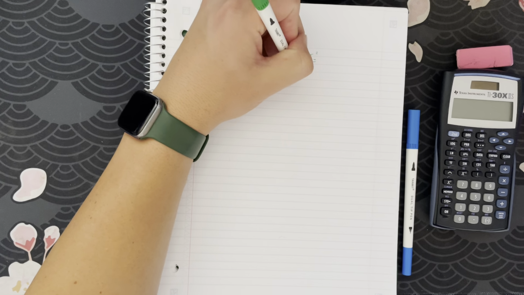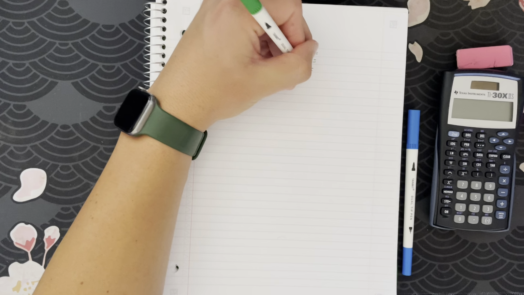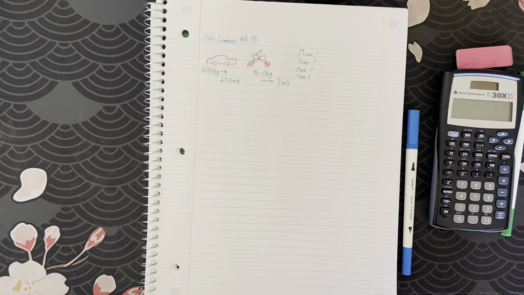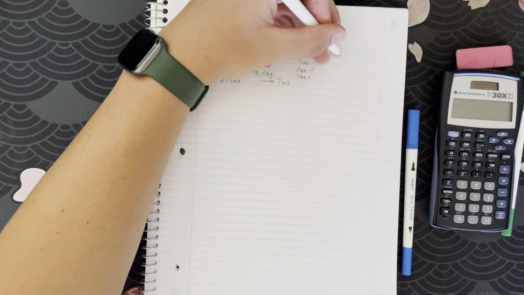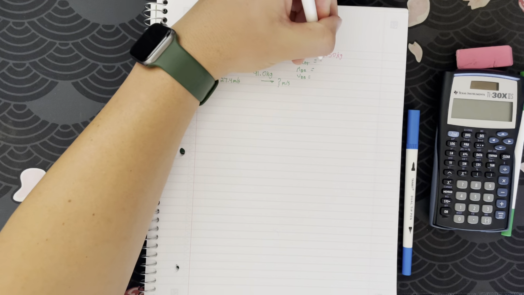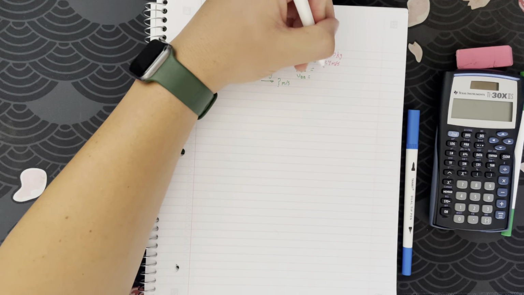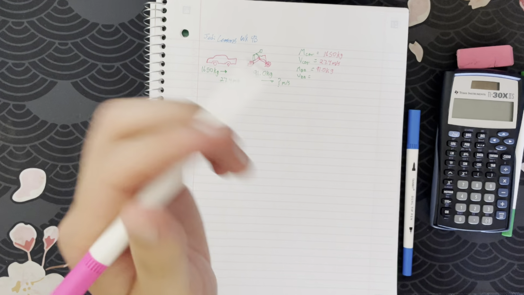And then we are trying to figure out the velocity of the bike and the rider in meters per second. So we're going to write that down. We have 1650 kilograms, 27.4 meters per second, 91.0 kilograms, and the velocity we don't know yet.